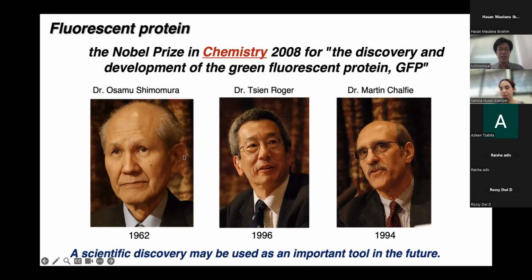And in the 1990s, the researchers showed how to use this fluorescent probe for imaging. So even if the research is not considered important at this time, the research may be the basis of a breakthrough in the future. Okay.